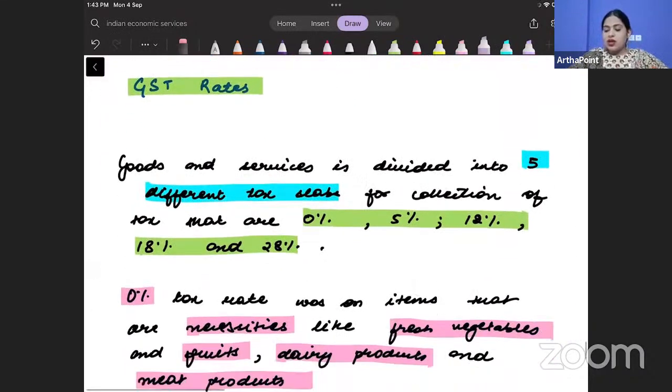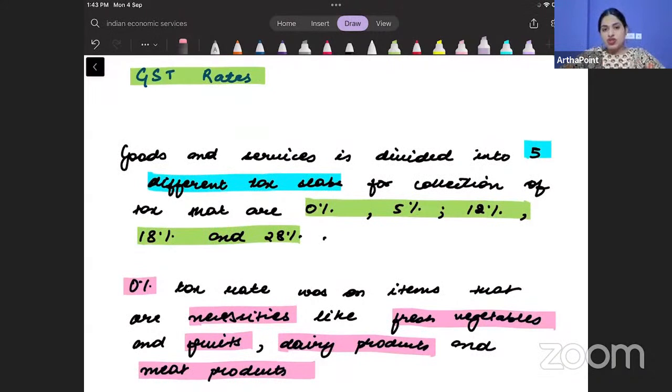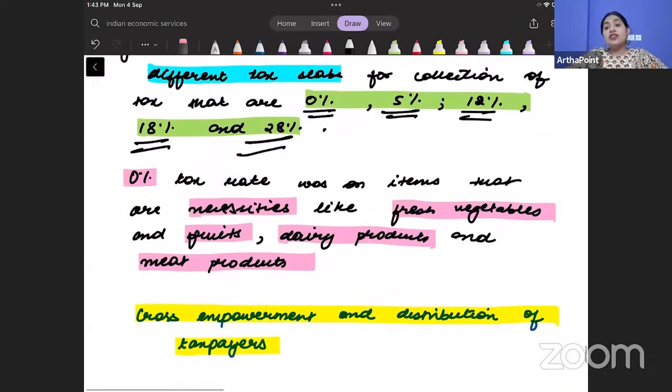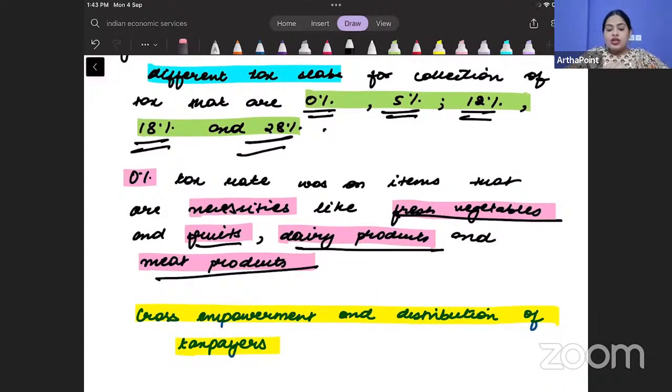Okay. Now let's talk about the GST rates. There are 5 tax slabs that you should be aware of: 0, 5%, 12%, 18%, and 28%. But the 0 tax slab was only for necessities like fresh vegetables, fruit, dairy products, meat products, etc. The tax on necessities is fine.